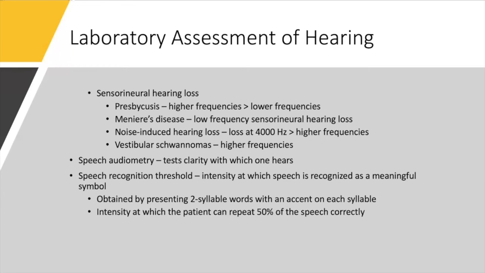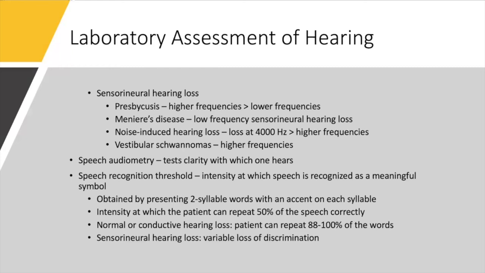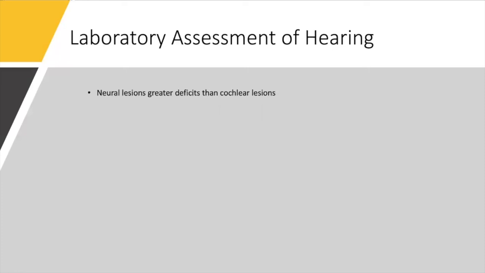An individual with normal hearing or conductive hearing loss can repeat 88 to 100% of the phonetically balanced words correctly. Patients with a sensorineural hearing loss have variable loss of discrimination. As a general rule, neural lesions produce greater deficits in discrimination than do cochlear lesions.